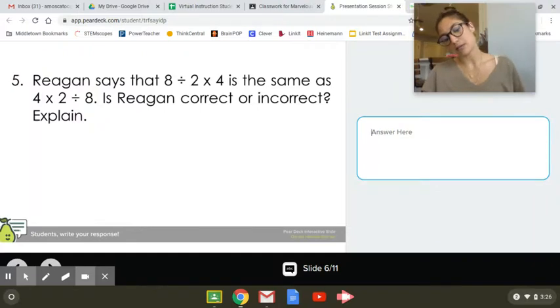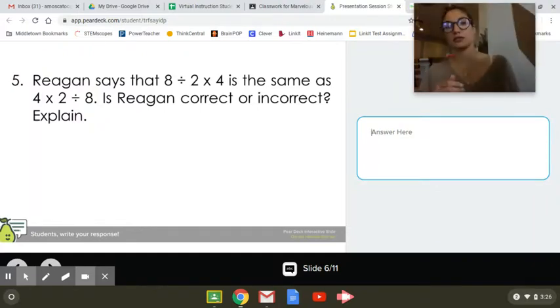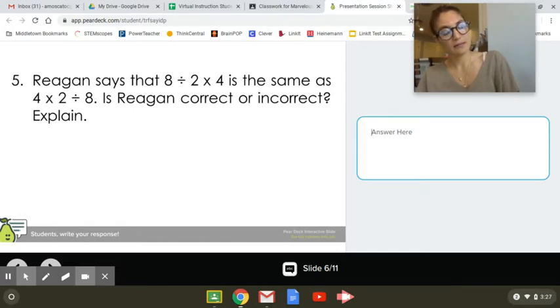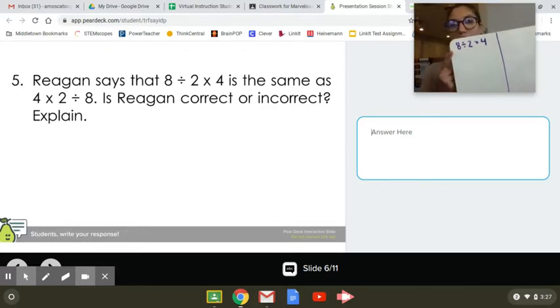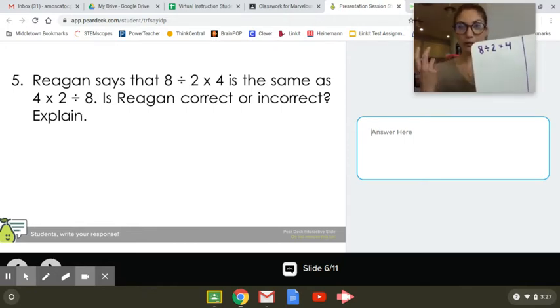So we're going to solve both of these problems. I'm going to divide my board in 2 parts. First we're going to do 8 divided by 2 times 4. When I look at this equation, I see division and multiplication. We know from our DOES mnemonic that division and multiplication are equal here, so it doesn't tell me I need to do this one first.